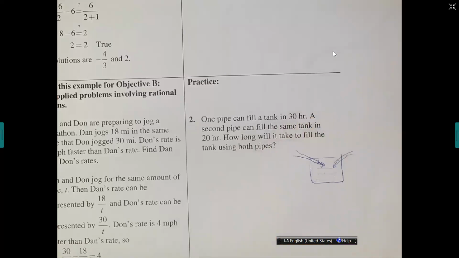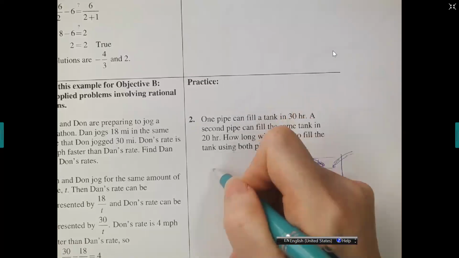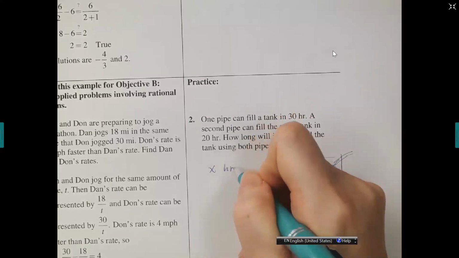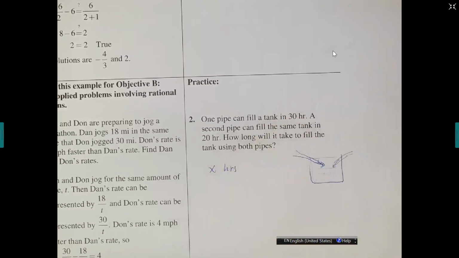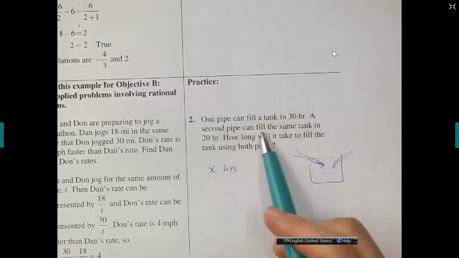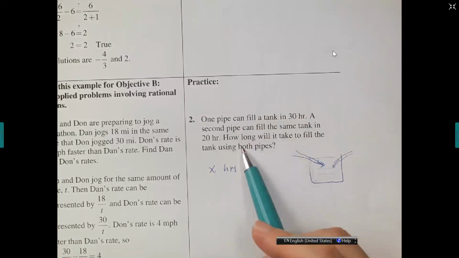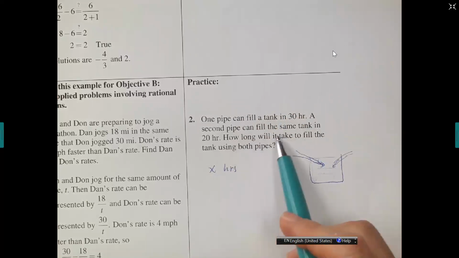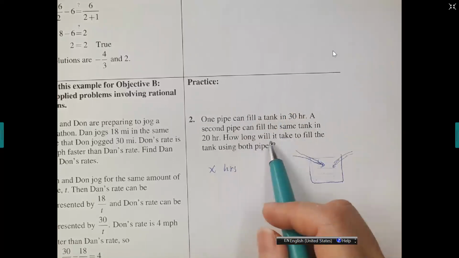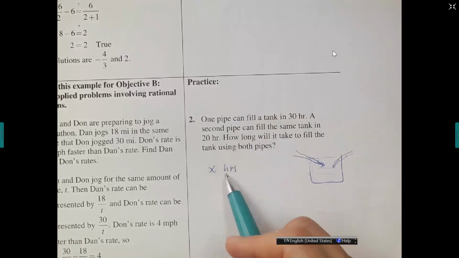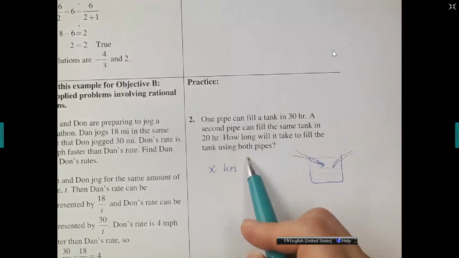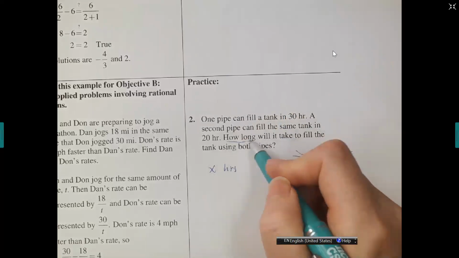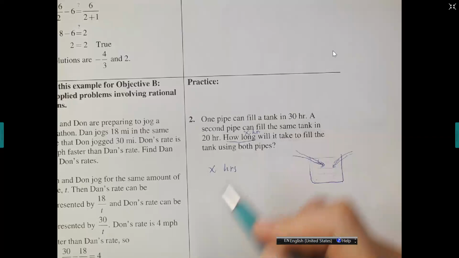I would prefer to use X. So I will use X hours for both of the two pipes. So both of them work X hours, and they will fill the tank. So this X is unknown here. So we give one unknown to the question here. How long? X hours.